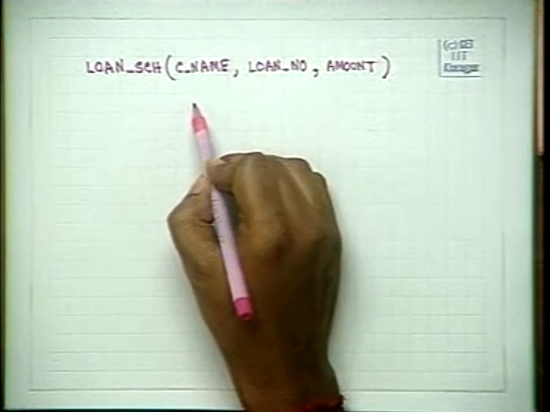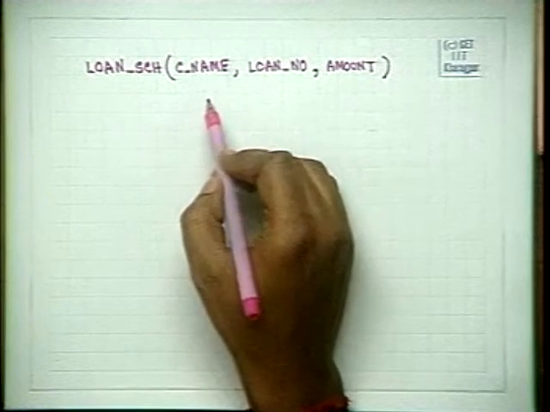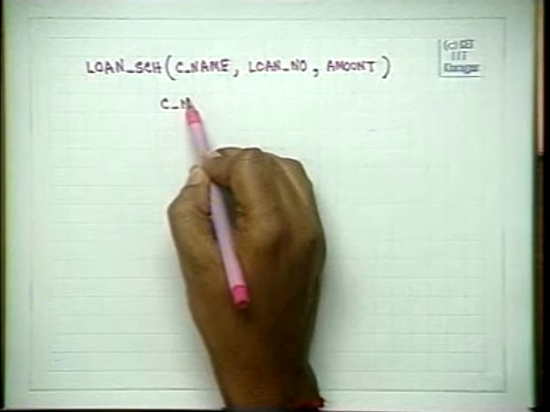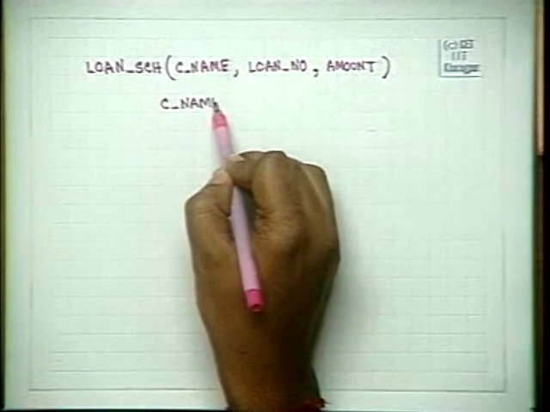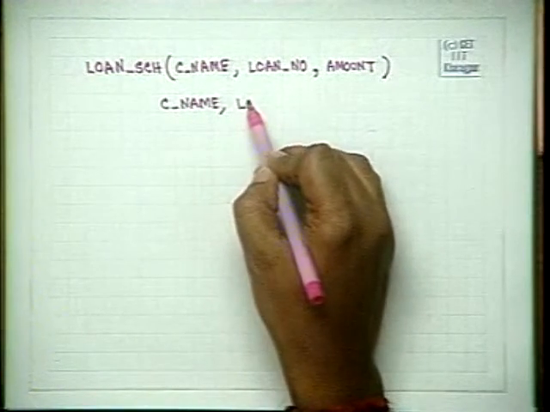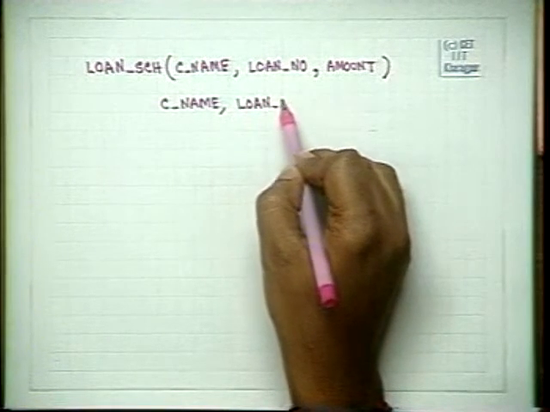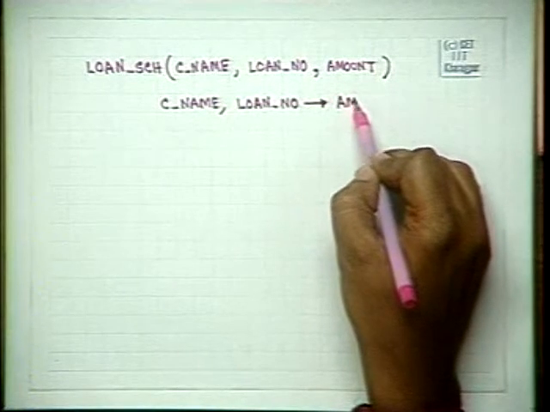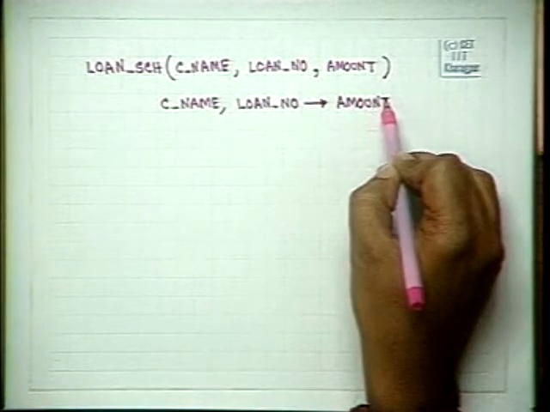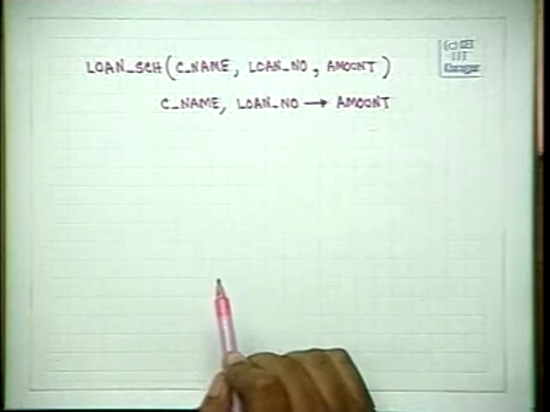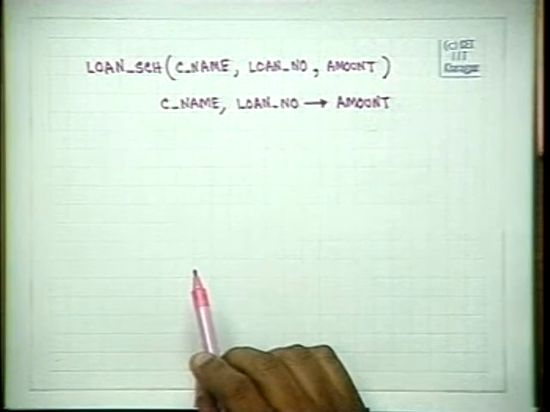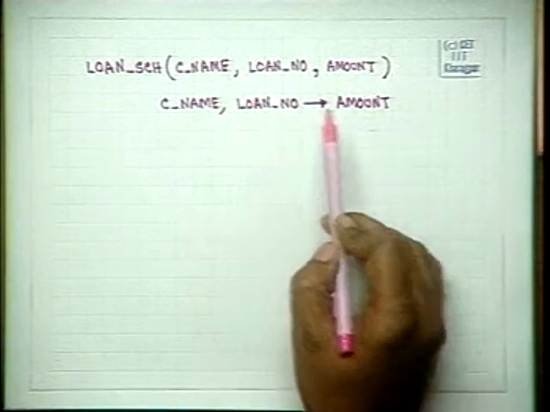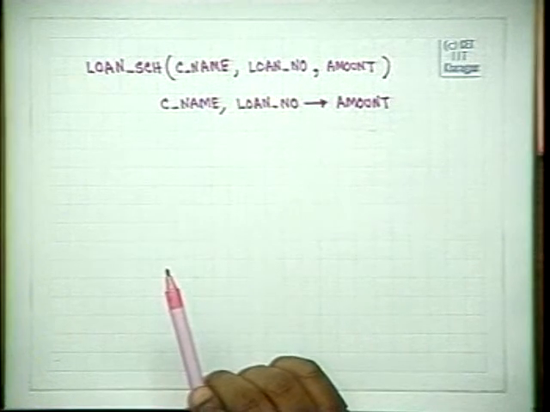And let us have only this one, that a customer and loan number means the amount is fixed.